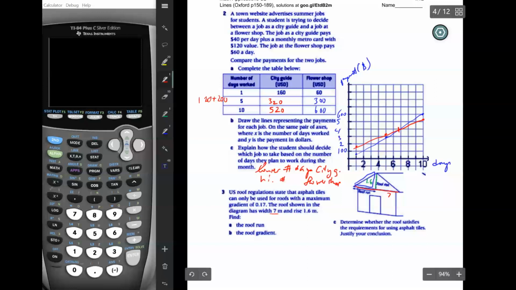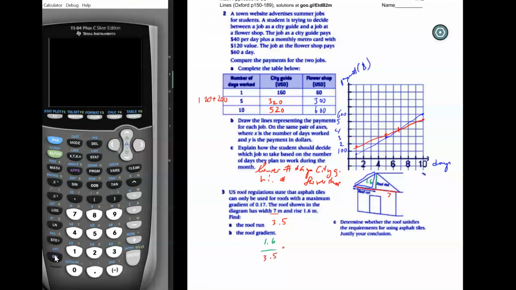It's not 7. It would be 3.5, right? And the roof gradient would be 1.6, which is the rise, divided by the run, which is 3.5, right? And then we should see what that is to know what the roof gradient is. Let's do that.